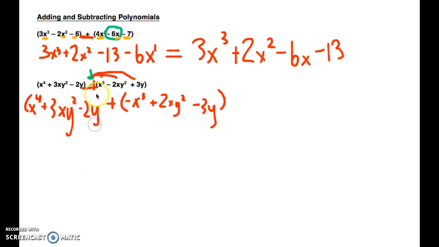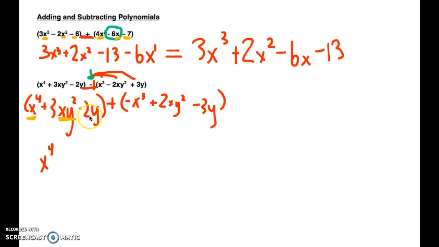Now, since we're adding, we're going to look at combining the same terms. My first term I'm going to look at is x to the fourth. Do I have any other x to the fourth terms? I don't. So I'm going to rewrite it down here. Let's look at my next term. My next term is the last name xy squared.